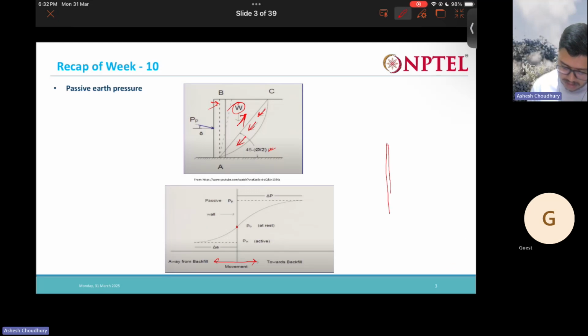Let's say this is the retaining wall. This is the backfill, so the wall would move like this. So you have the active soil wedge here and the passive soil wedge.